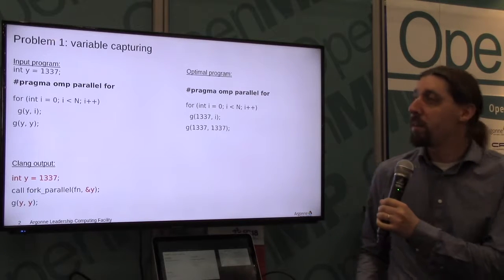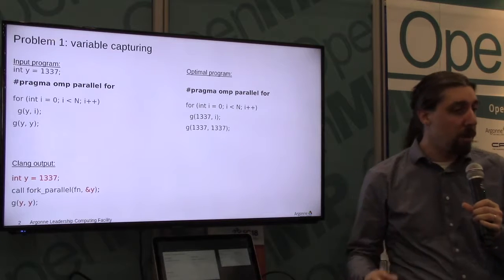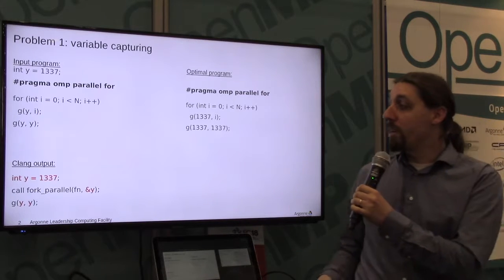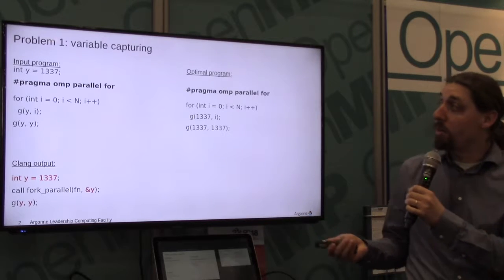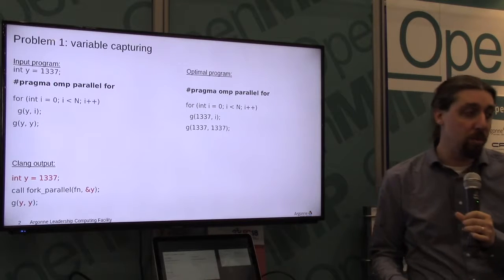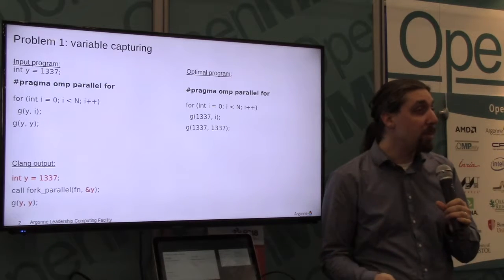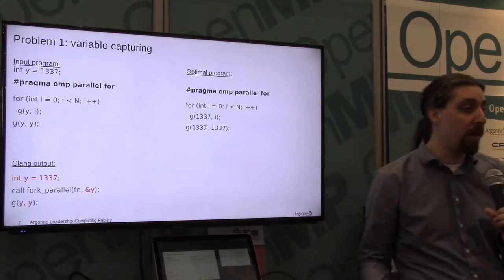So what happens here is that when the compiler generates code for this pragma, what it's essentially doing is taking the code that's inside that parallel loop, and putting it into a separate function. And that separate function is then being called by the OpenMP runtime library on multiple threads.